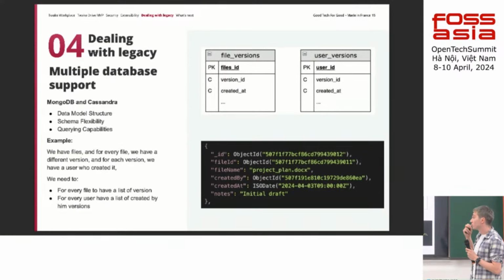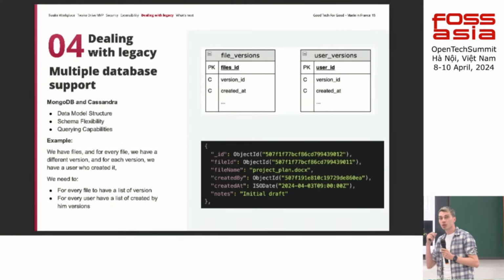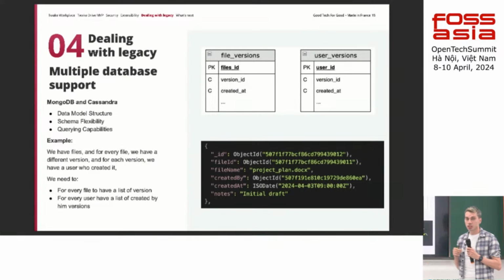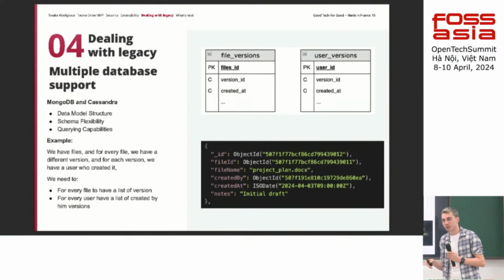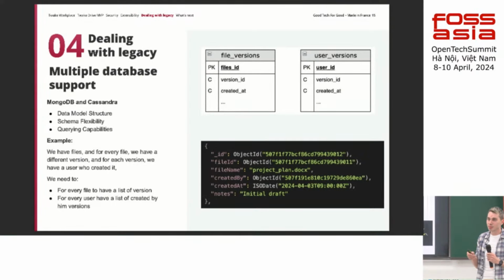Why do we support multiple databases? It's because we want our drive application to run in different environments. You can use Cassandra for a very big, geo-distributed installation of Twake Drive with multiple servers. But if you run it on your local NAS or for a small company of 10 people, there is no need. It would be very costly to support a Cassandra cluster.